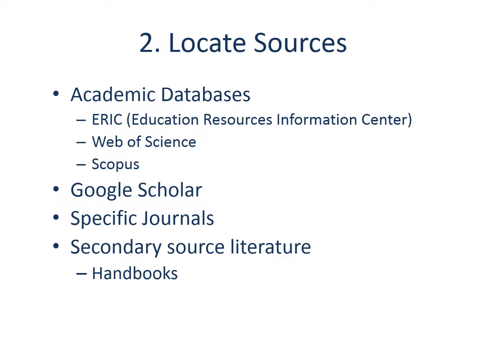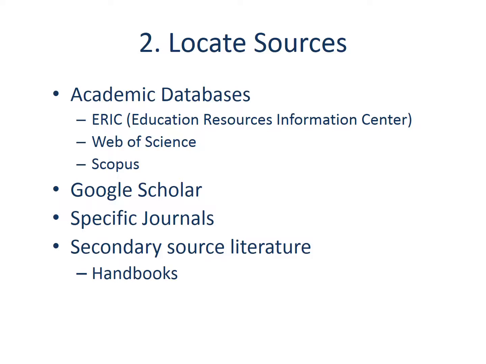You can also use tools such as Google Scholar or go to specific journals that publish works that focus on your research topic. For example, you can start with looking at the articles published in the Journal of Issues in Intercollegiate Athletics if your research topic is student athletes' transition out of sport.